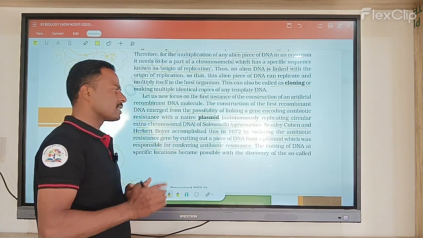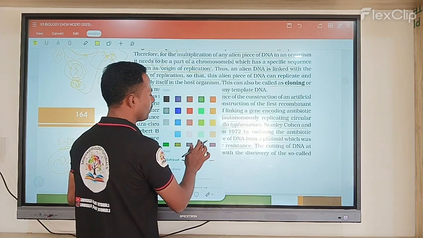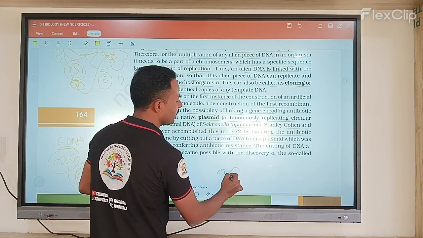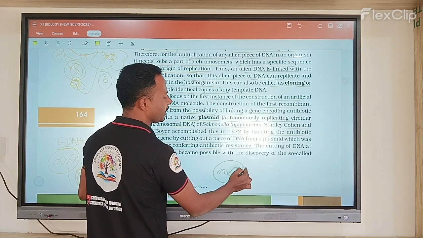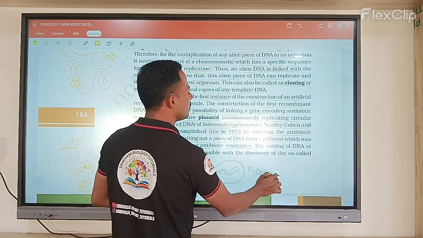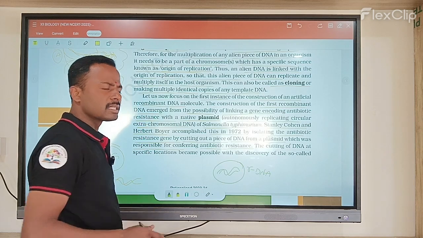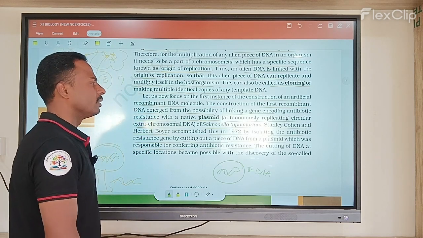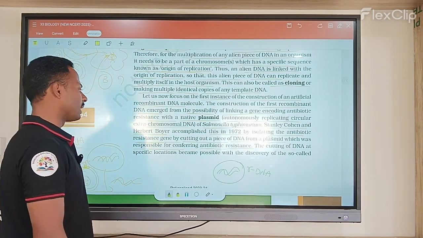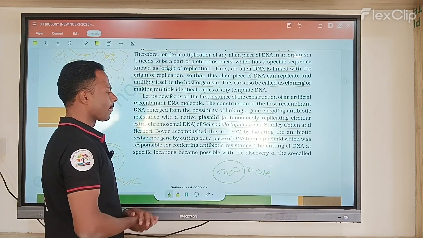That new DNA is rDNA, developed in 1972 by the scientists Stanley Cohen and Herbert Boyer.